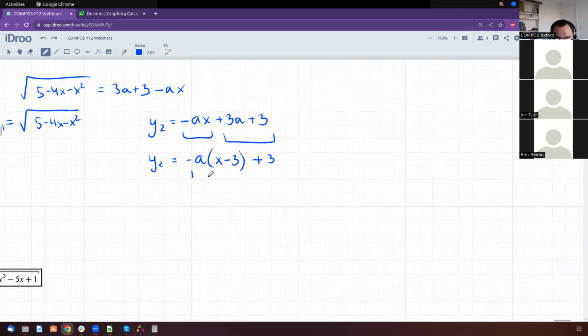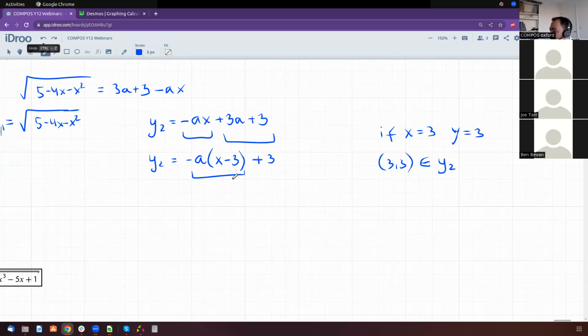This thing is always 0 if x is 3. So when x is 3, y is also 3. So it's a straight line going through the point (3, 3). So (3, 3) belongs to the line y2. Do you notice that?